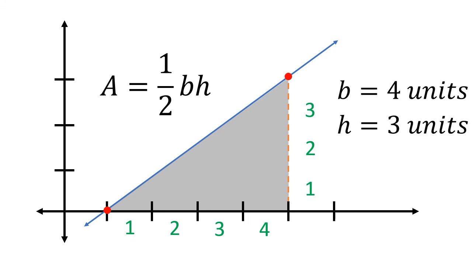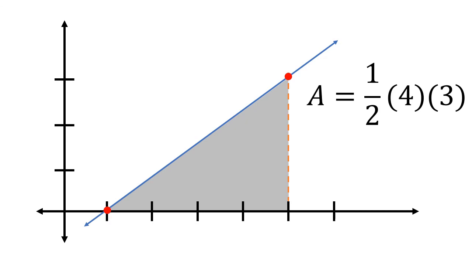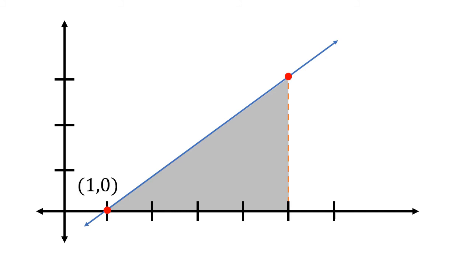The height is 3 units. So if you will be solving for the area of this triangle, A is equal to 1/2 times 4 times 3, which is equal to 6. So the area of this right triangle is 6 square units. Now, the coordinate of this point is 1, 0. And the coordinate of this point is 5, 3.